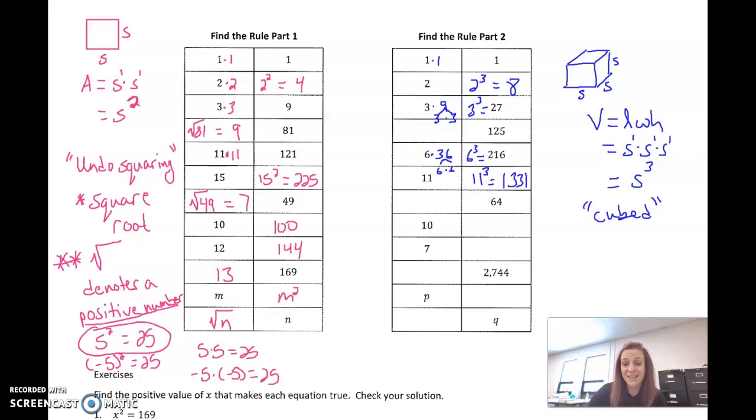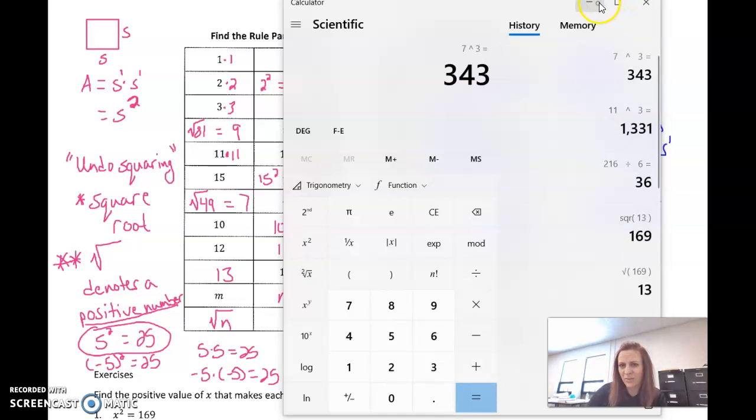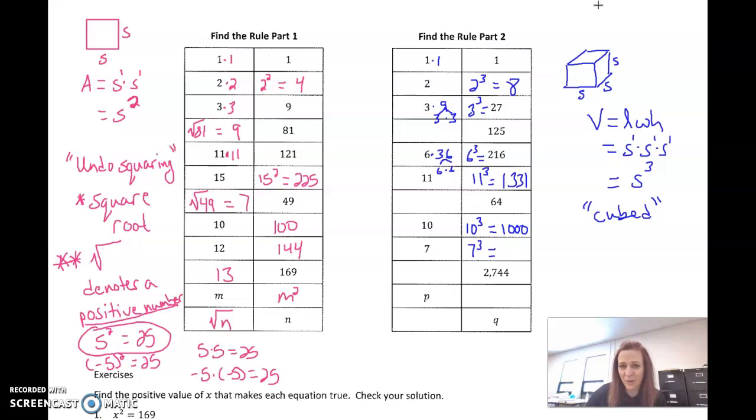This 10 here, remember that is 10 to the third power. 10 times 10 is 100 times 10 is 1,000. 7 to the third power is 343.